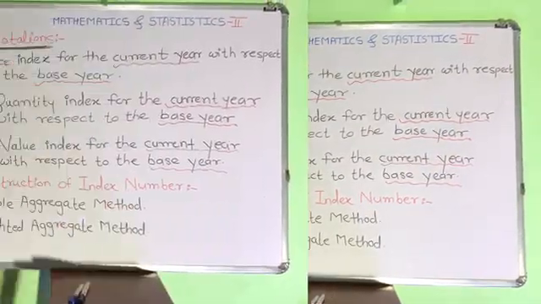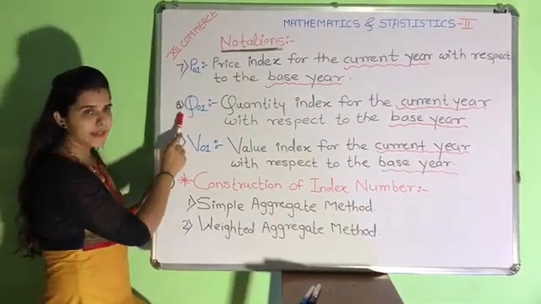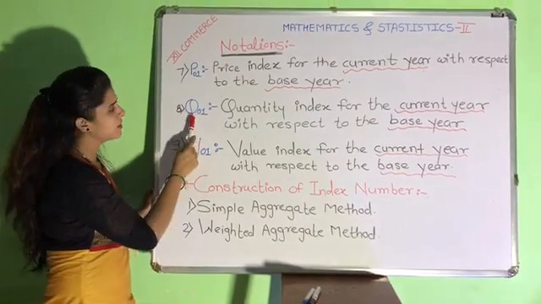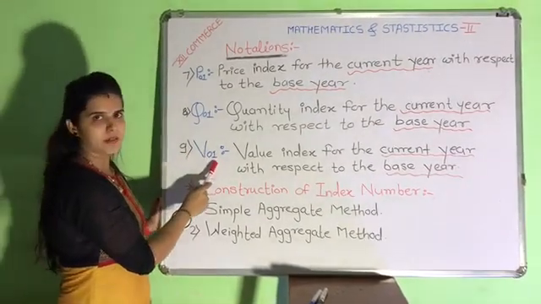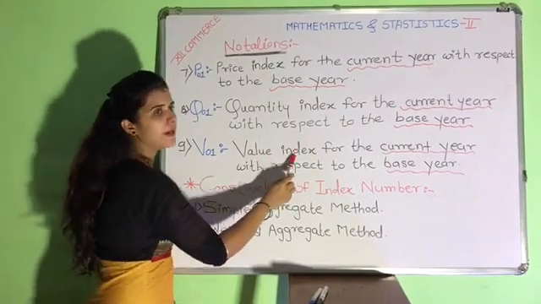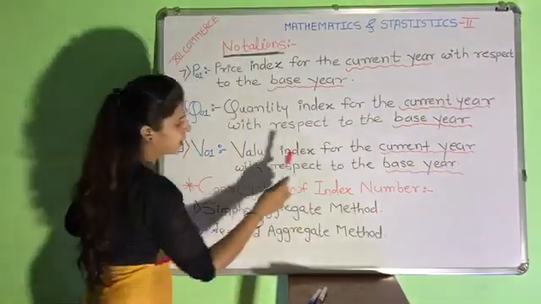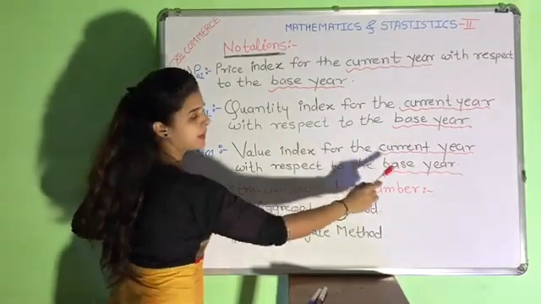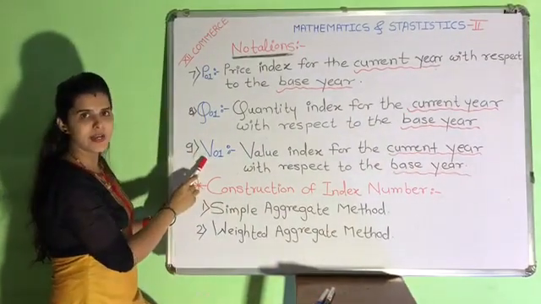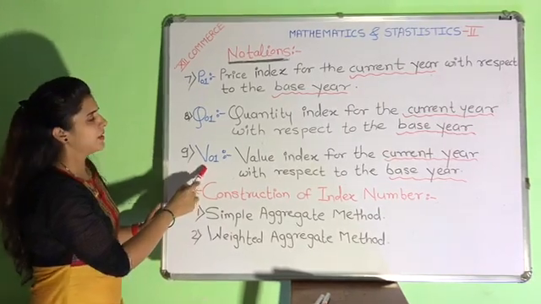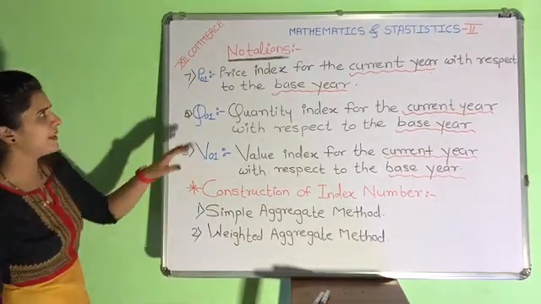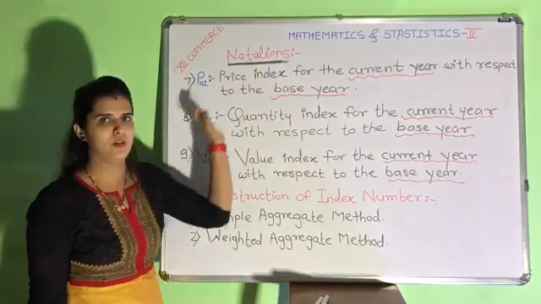Q for quantity, 1 for current year, 0 for base year. Next is V01. V01 means value index for the current year with respect to base year. V for value, 1 for current year, 0 for base year. Now I think all of you are clear on all the notations.